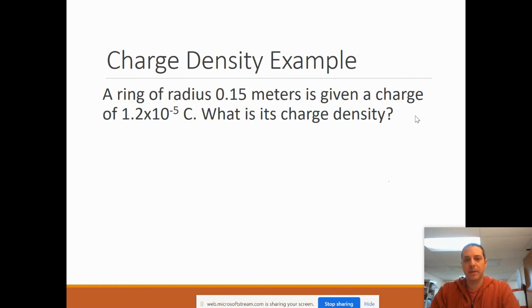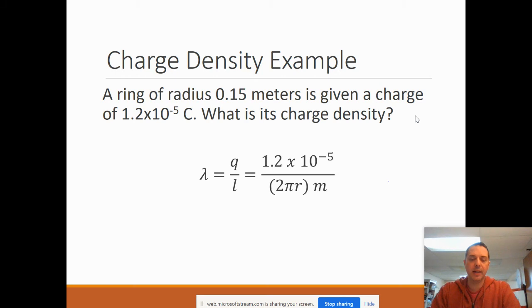Let's do another example of this. In this example, we have a ring of radius 0.15 meters that's given a charge of 1.2 times 10 to the negative 5 coulombs, and we want to find the charge density here. Now the shape of the ring is a circle, but our charge density operator is going to be linear, because we're going to say how much charge it has per unit length, even though it's arc length instead of a straight line length. So here we have the charge enclosed, which is 1.2 times 10 to the negative 5 coulombs of charge.